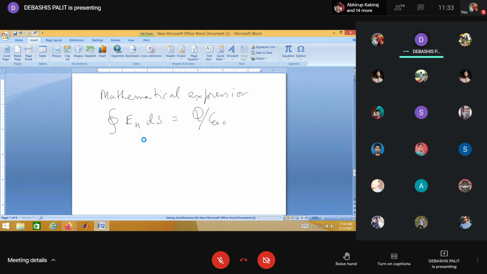So En is equal to Dn divided by epsilon 0.